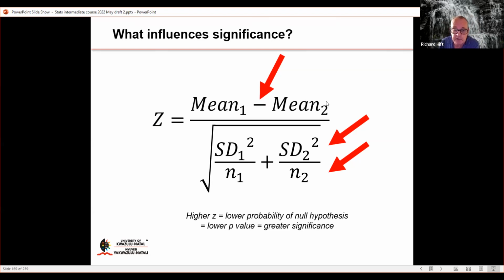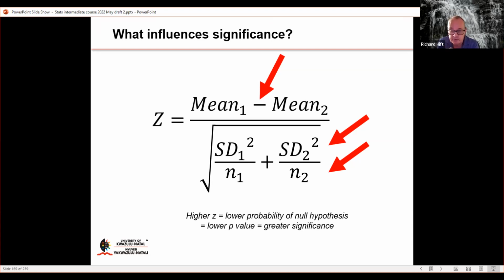A bigger difference in means obviously is going to make Z bigger. If this is 10 minus 2, leaving 8, we'll have 8 on top. If it's 3 minus 2, we're going to have 1 on top, which is going to be much smaller. So the bigger the difference in means, the more likely we are to show significance.